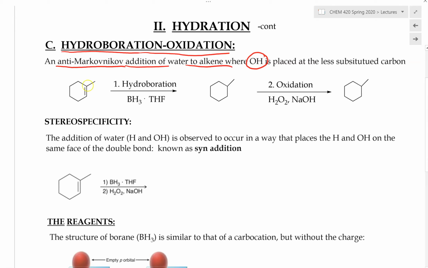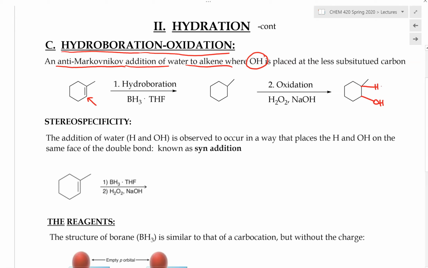So if we look at this alkene, the OH group would be added to this less substituted carbon. And on the product, that is what will happen. The OH group will be added right there, and the hydrogen will be added in here.